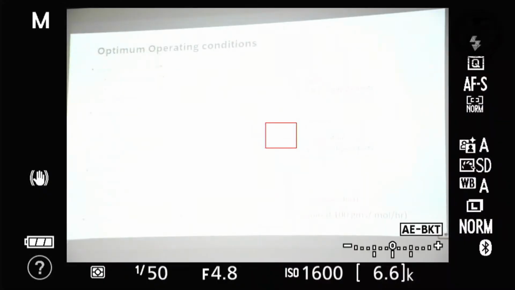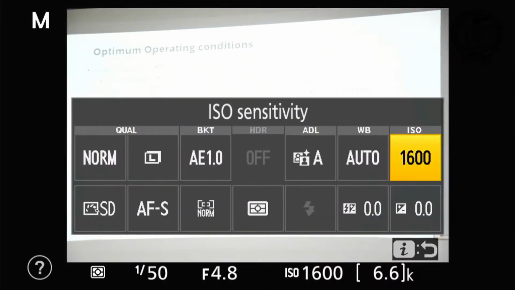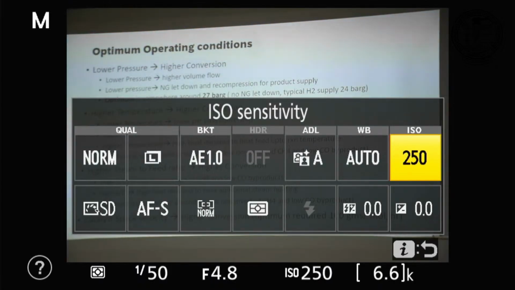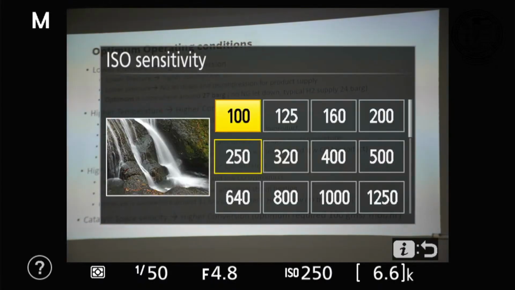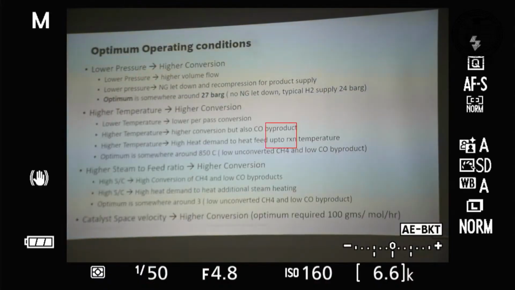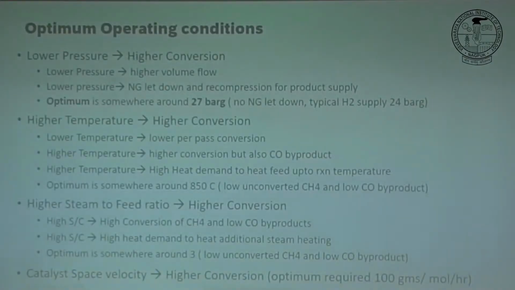And with the higher flow rate, if you use smaller piping, what will happen? High pressure drop means higher pumping cost. So if you have lower pressure, high volume flow, either you have to pay for bigger pipe or you have to pay for pumping or compressing. So either capex or opex, capital expenditure or operating expenditure. Right?